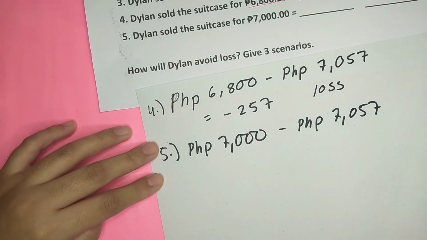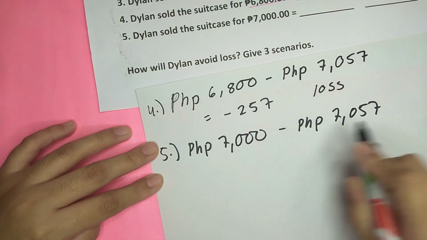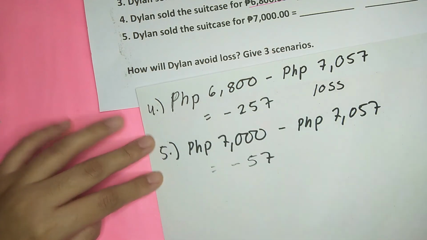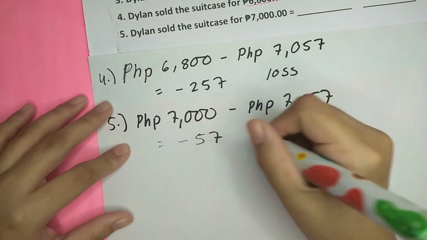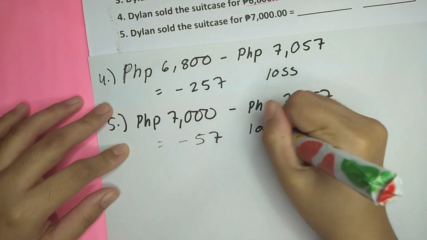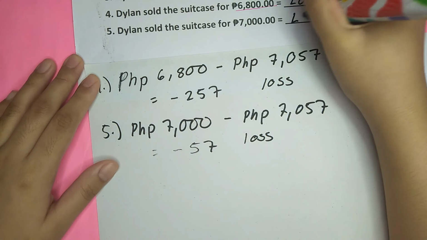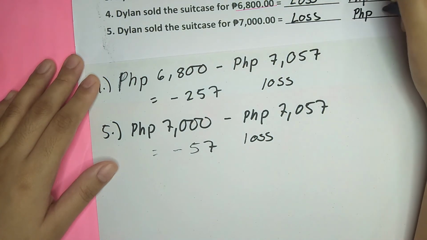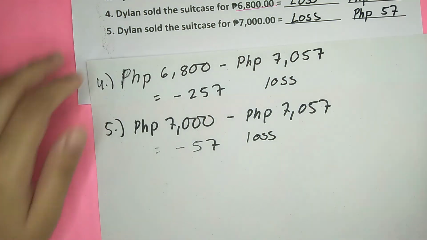So, kapag minus mo yung dalawa, ang lalabas ay negative 57. Dahil negative na naman, alam na, loss. So, it is a loss. Nalugi siya ng 57 pesos.